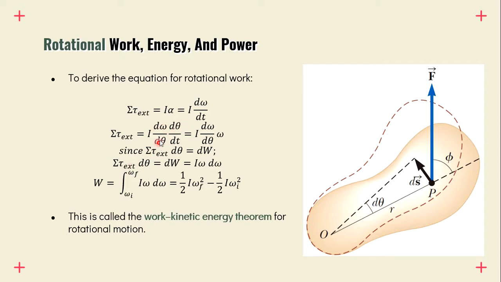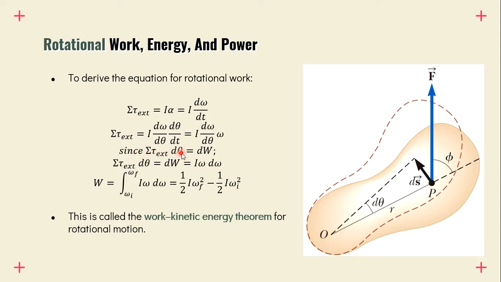That's just equal to 1. So distributing, I have dω over dθ times dθ over dt. So I can just simplify this quantity as ω.